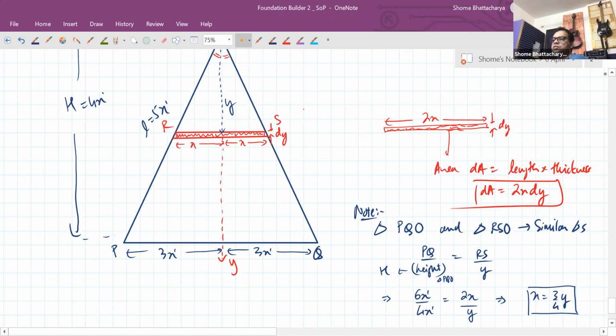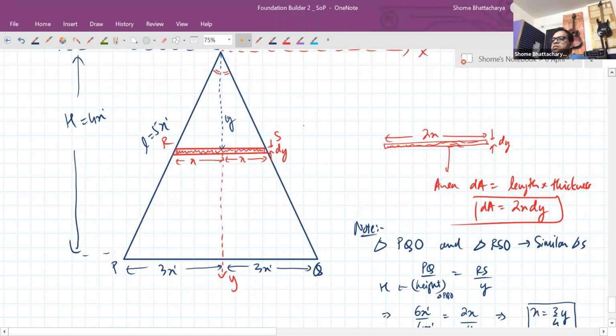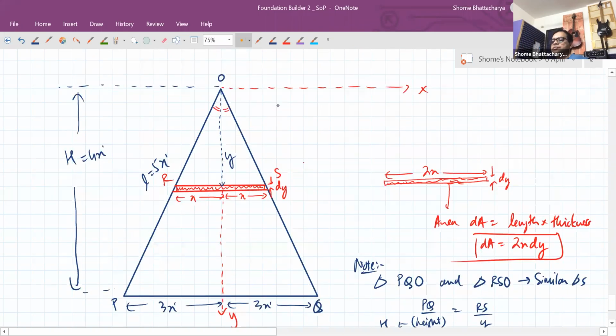I mean, that was anyway obvious because you can see that this angle is 37 degrees. So you can use trigonometry also, because these two angles were 53. So y upon x is equal to tan 53, or x upon y is equal to tan 37.